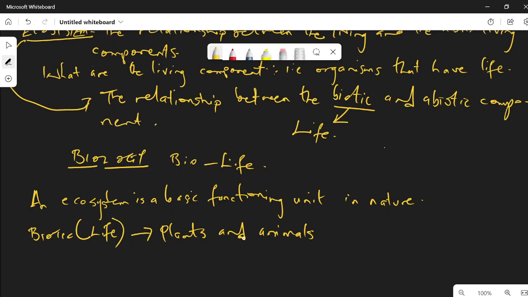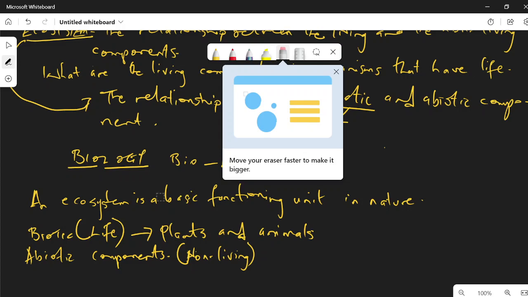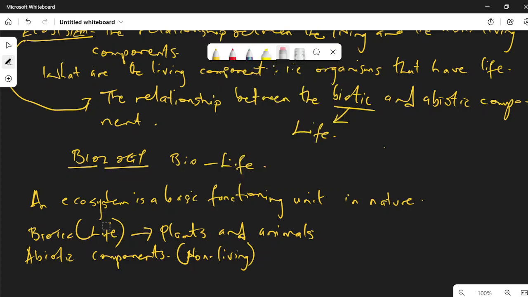And when we talk about the abiotic components, we're talking about those that do not have life in them, the non-living. Are we together? So let me make this uniform. Let me write this one too as living.